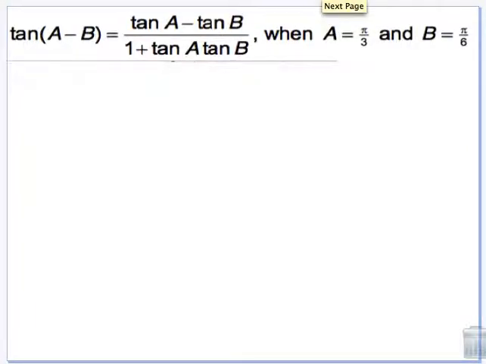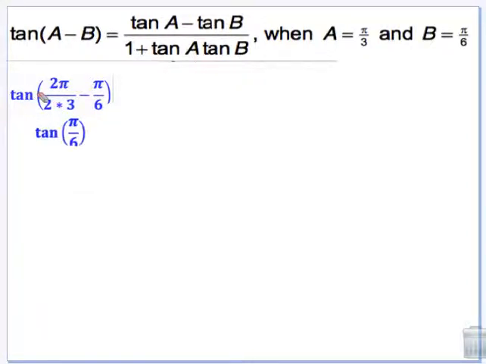Of all of the sum and difference identities, tangent is probably going to be the most difficult just because of the added fractions. But the process is still the same. First you plug your angles in for A and B, and you check both sides of the equation, see what they equal. So we have, for A it's pi over 3, for B it's pi over 6.